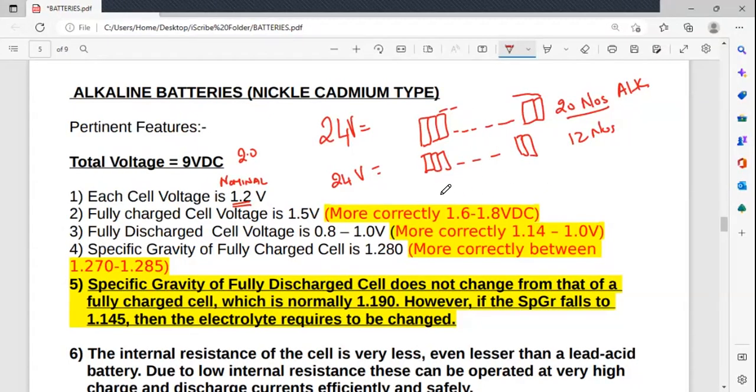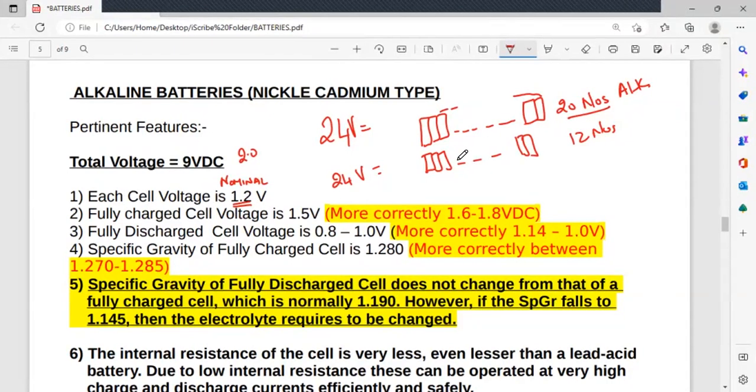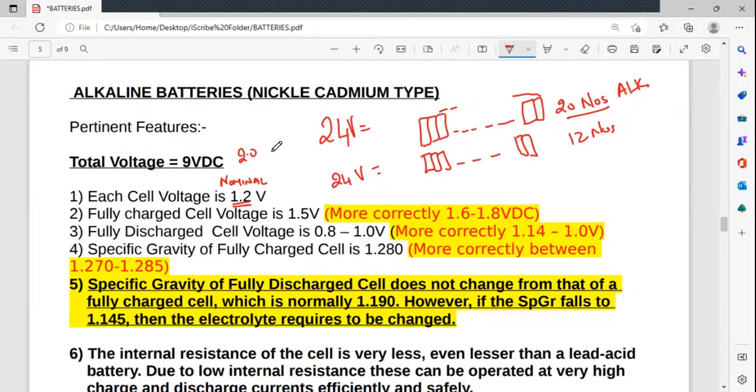So see all these cross questions. We will go through all these parameters and see all the cross questions that can be asked to you. What are the advantages, disadvantages? We'll come to that. So this is one of the first disadvantages of your alkaline battery over your lead acid battery. You require more number of batteries, and when you require more number of batteries, you need more space in your battery locker.